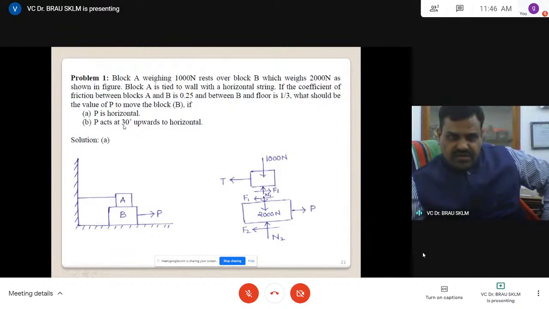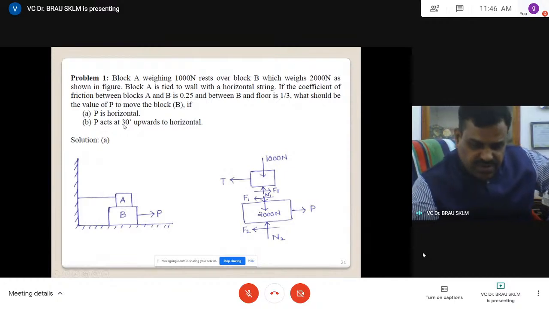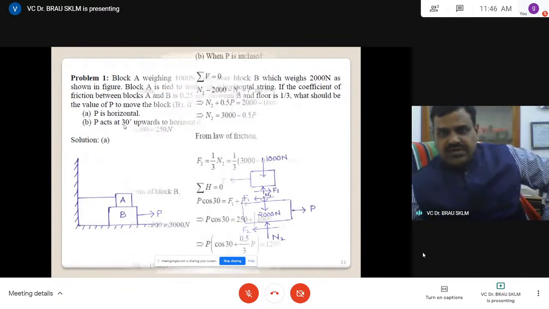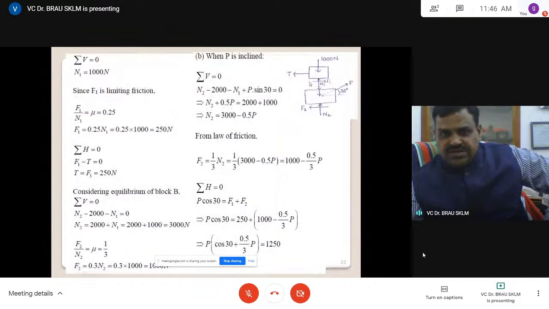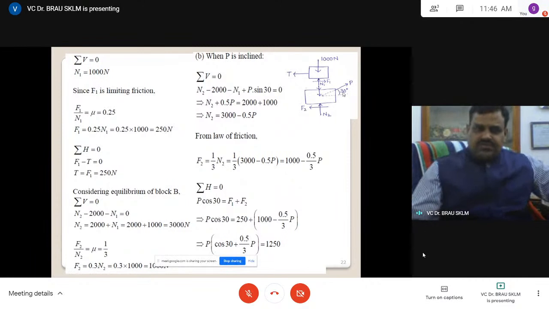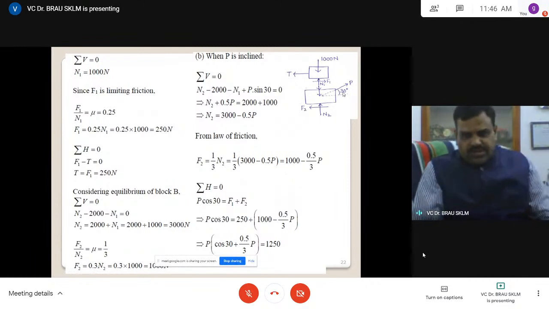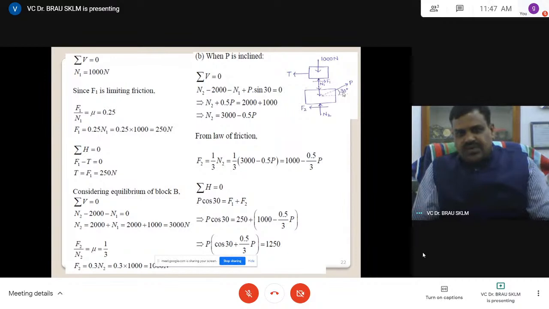The theta is 30 degrees. That's what I represented here. If you see here, the first drawing is the same, and in the second drawing the entire thing is the same. Only instead of P in this direction, you have to change it. Here the value of N2 should be reduced. That we have already done in the philosophy.